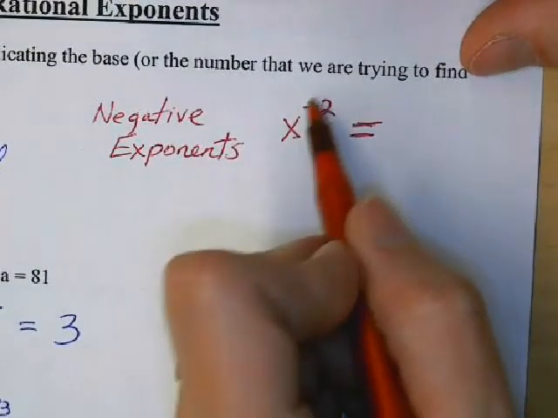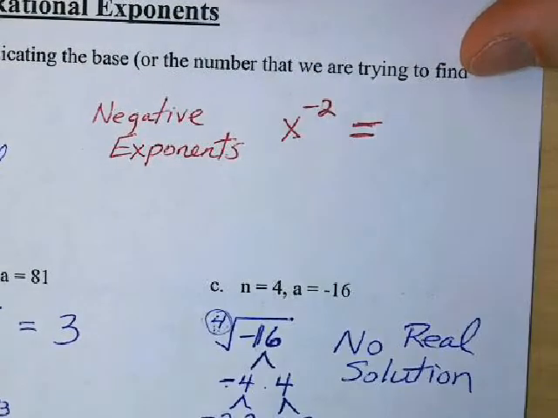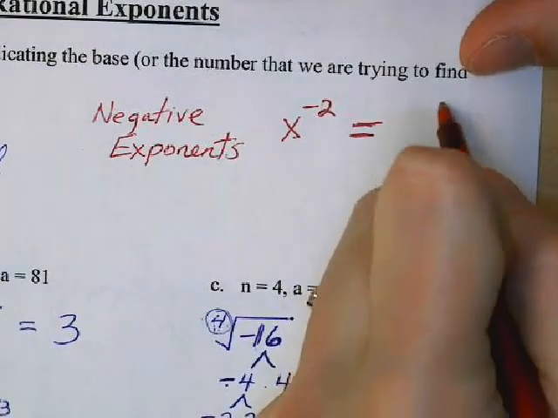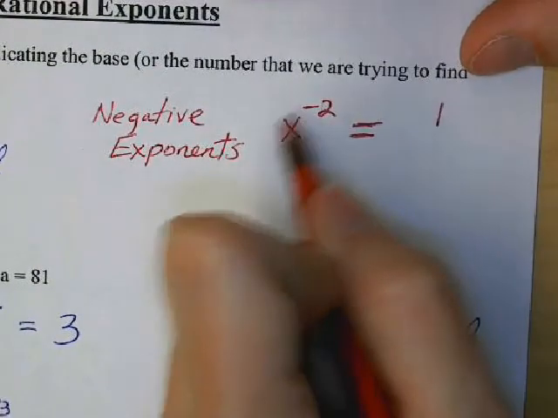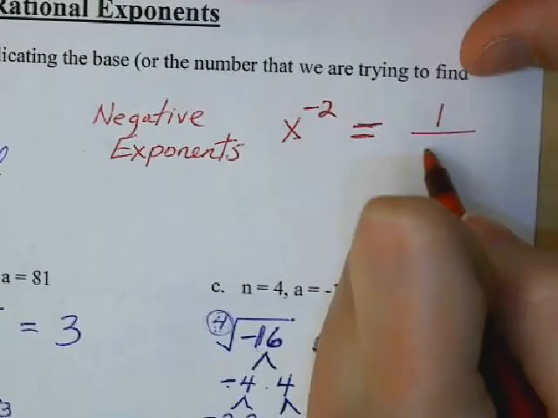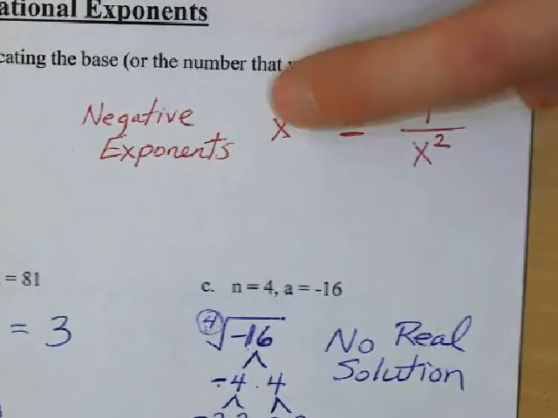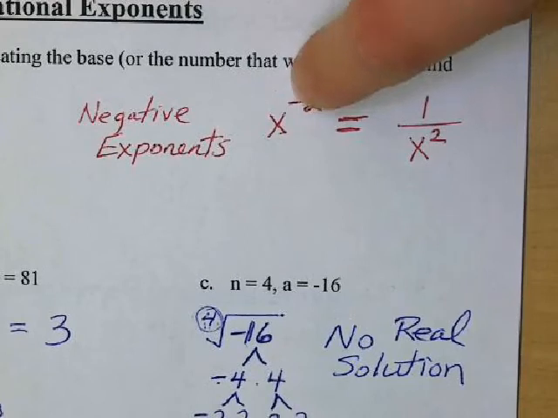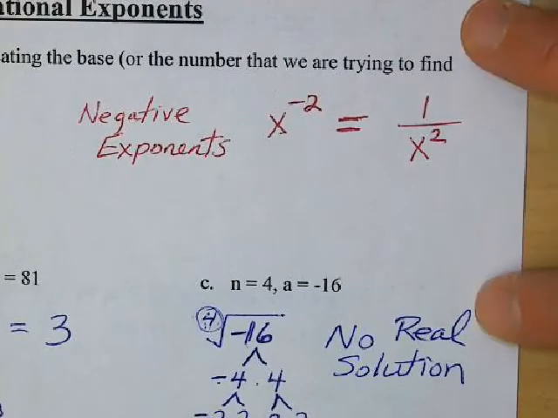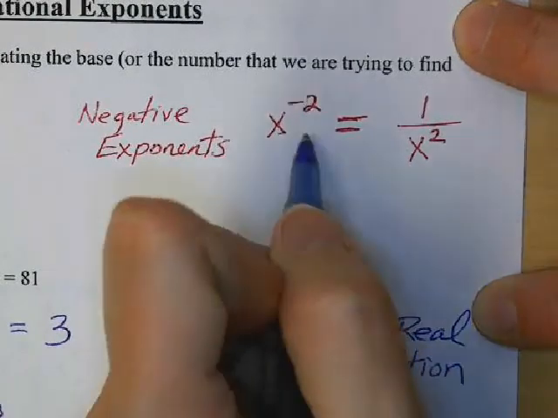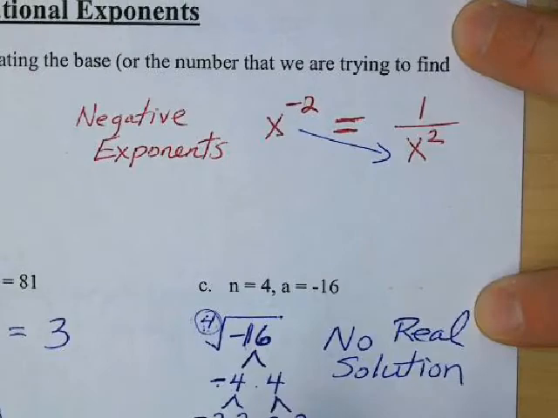Well, to get rid of a negative exponent, it's a reciprocal. You basically have to move this to the bottom of a fraction. It'd be 1 over x squared. That's how you deal with negatives. It's a reciprocal. You just basically have to move it to the denominator, just move it down.